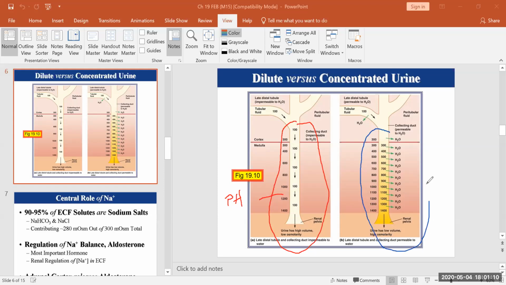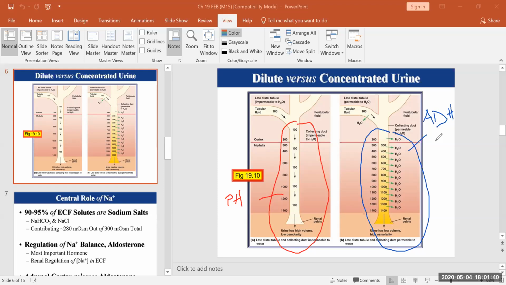So the collecting duct now has aquaporins inserted so water can leave, right? So this ADH is released by the posterior pituitary, and the ADH induces the collecting duct cells to insert aquaporin into the plasma membrane, allowing water to leave the collecting duct.